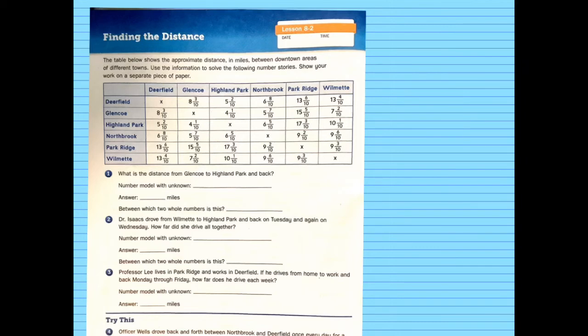So I see a lot of fractions, and then I see some missing pieces here. But these fractions are pretty big, and they're not just regular old fractions, they're what you call mixed numbers, right? Where you've got a whole number and a fraction together. So you're going to use this table to answer different types of number stories, okay? And you're going to be working with fractions.